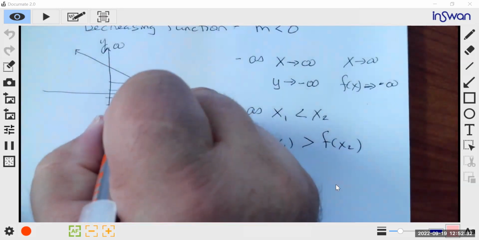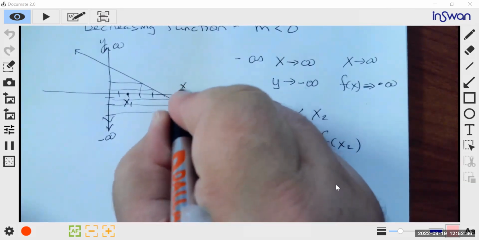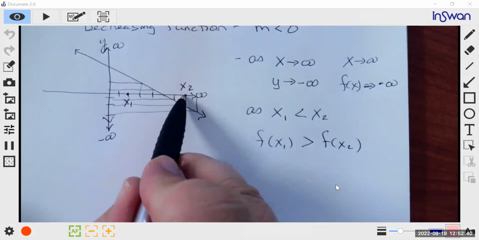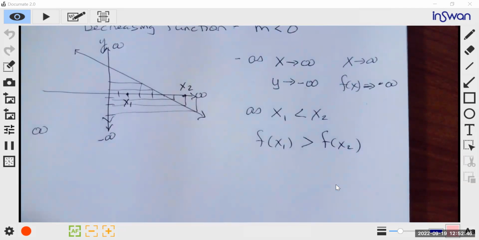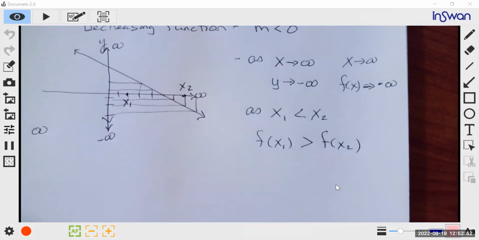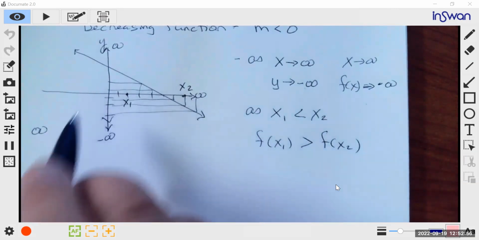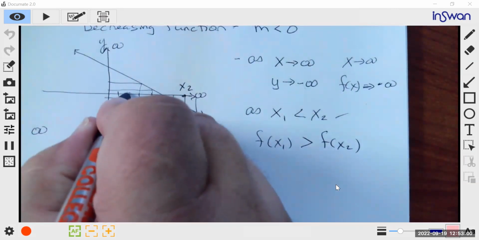So let's say this is x1. Let's say this is x2. Is x1 less than x2? This one? No. Okay. Yes, so x1 is less than x2 because it's to the left. So that satisfies. Let's look at the y values.